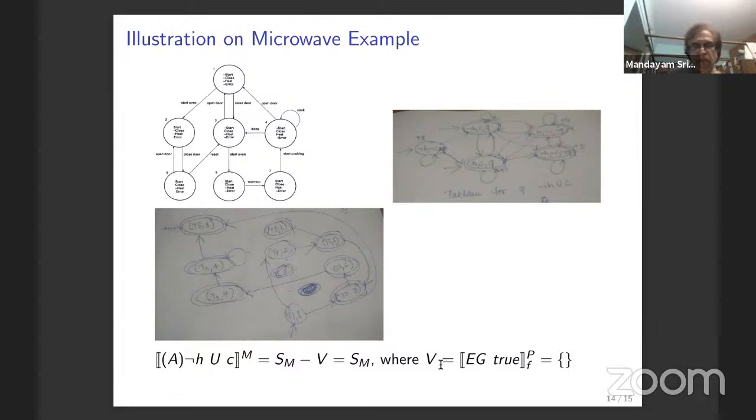That is empty here, which means every state in M is such that every path from it satisfies phi.